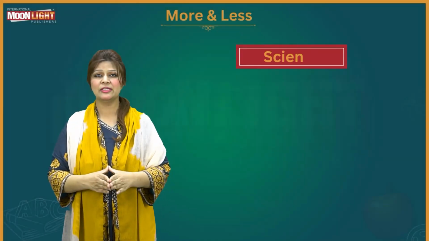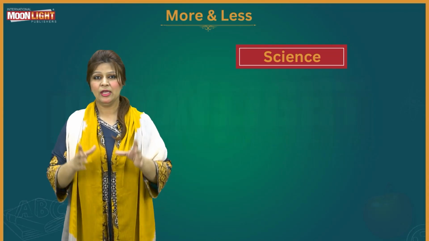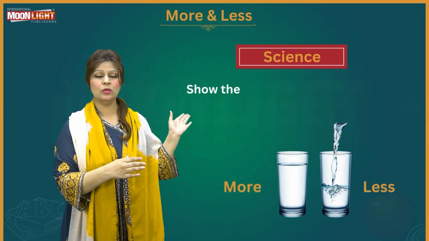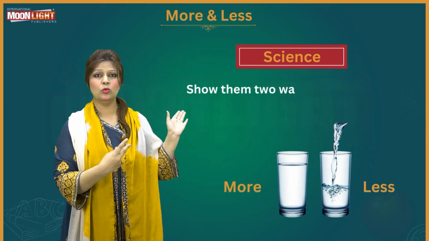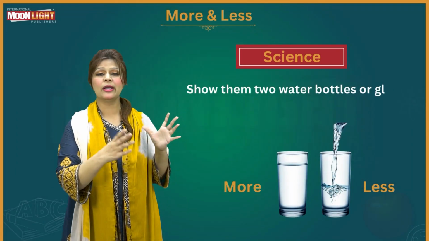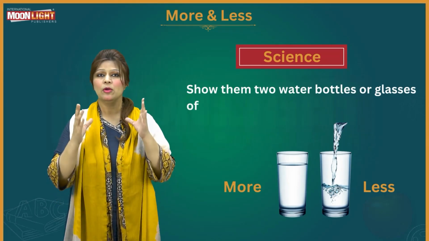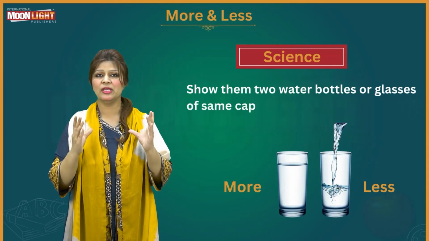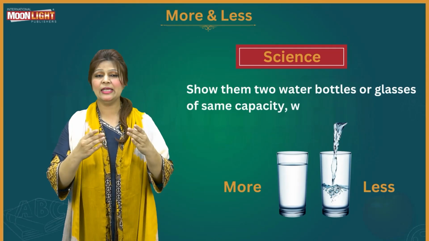Here I have suggested a science activity in which I have shown you two quantities in glasses. Show them two water bottles or glasses. I suggest glasses because through them they can easily see.